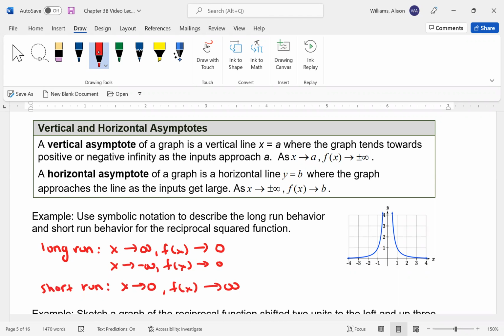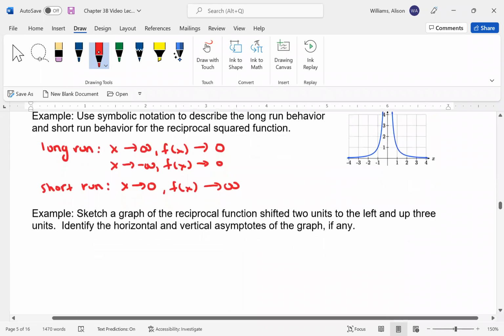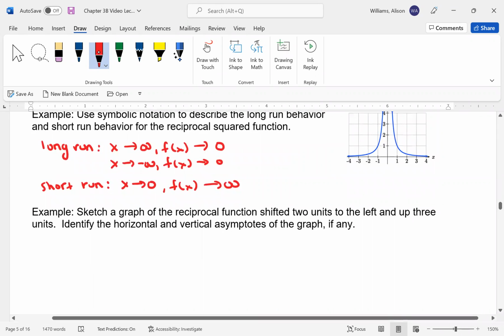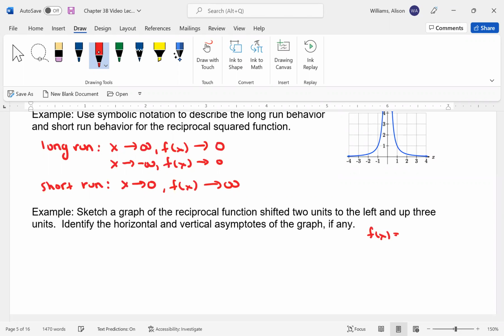All right, so let's put this into practice in an example. Let's sketch a graph of the reciprocal function. So the reciprocal function is 1 over x. We're going to sketch a graph of this, shifted 2 units to the left and up 3 units. And then we're going to identify the vertical and horizontal asymptotes.